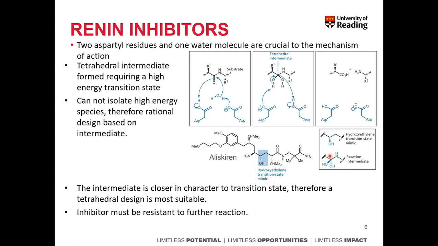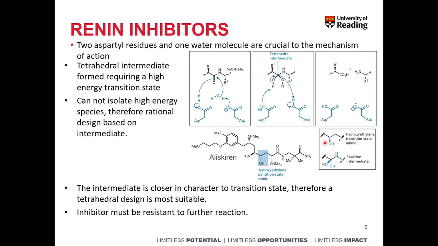We have two OH groups, one of which is coming towards us and one away, and the unit here that is the transition state mimic only has one OH group, but it still has a tetrahedral arrangement around this carbon center. So we have a hydrogen that would be coming out towards us from the screen that isn't shown because this is a skeletal view of the molecule.